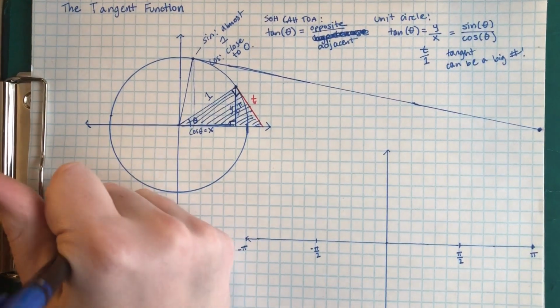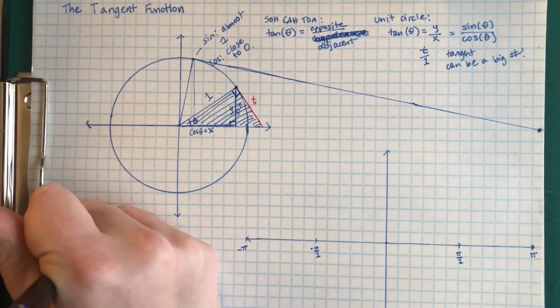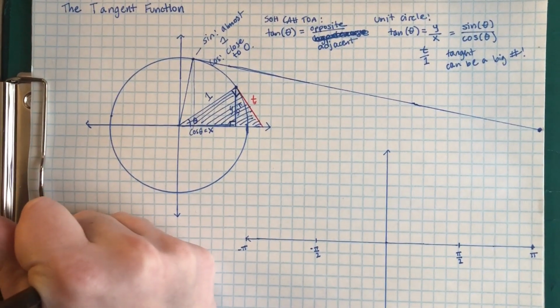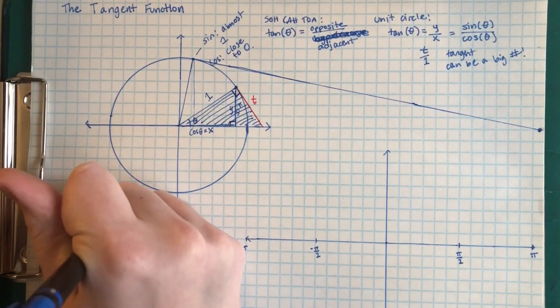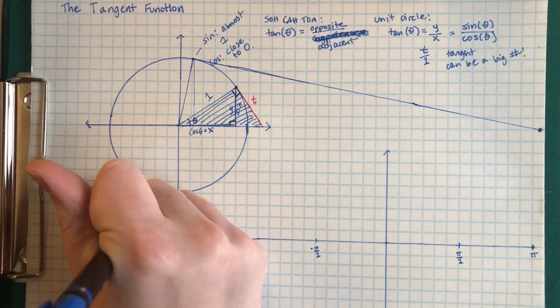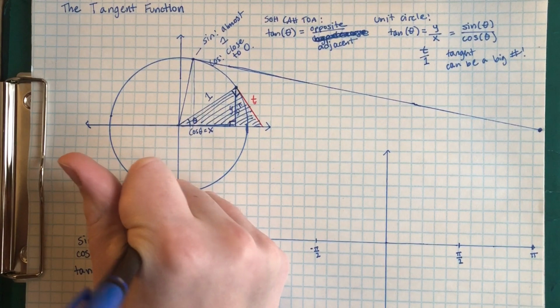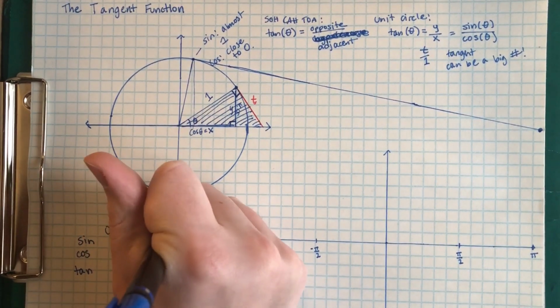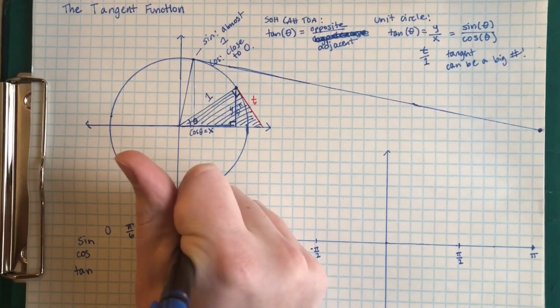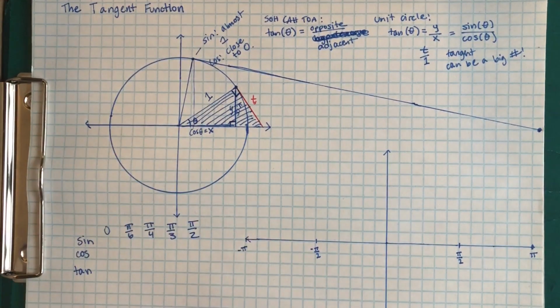Actually, let's make a little chart. Sine, cosine, tangent. So we have 0, let's do pi over 6, pi over 4, pi over 3, and pi over 2.